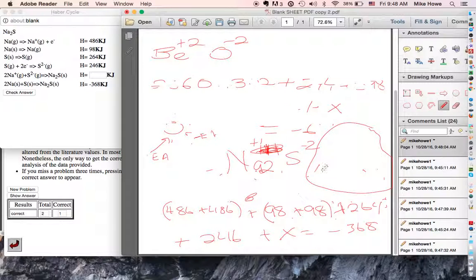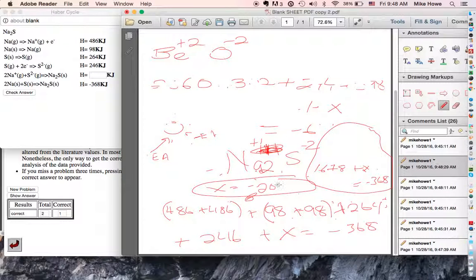So up here I got 1678 plus x equals negative 368. So subtract 1678 from both sides, and I get negative 2046. So x equals negative 2046. That's fairly alarming. That's a little joke there.